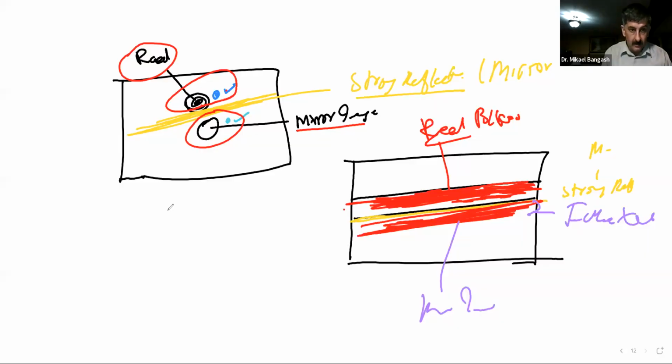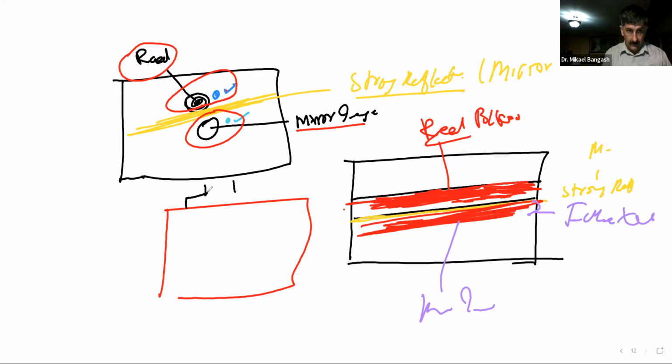So shallow is towards the top and deeper is towards the bottom of your image. Yes. My dear, whenever you see an image, this is the image, you should consider that this is where your transducer is.